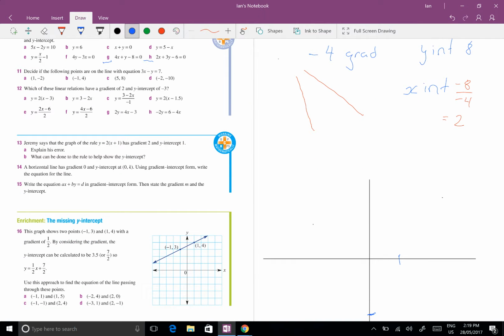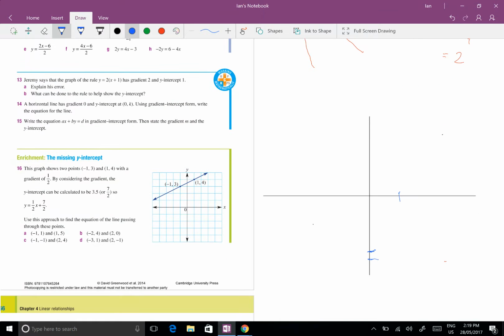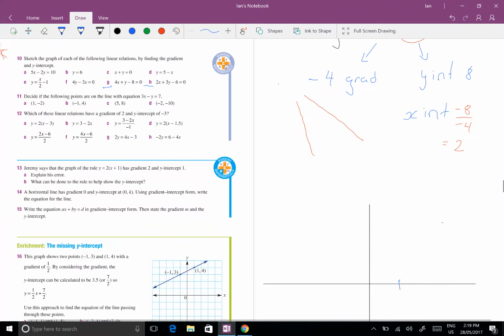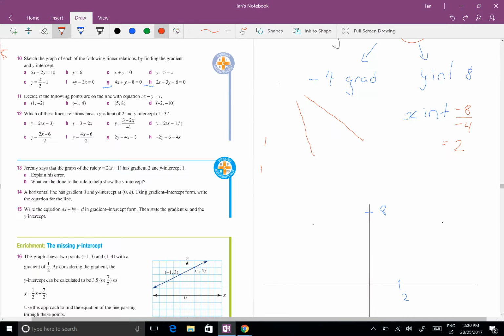So we'll go down here, and we use a similar scale. We'll go up here. The y-intercept is 8, and the x-intercept is 2, so we'll go there. And we'll grab a line. I knew that would happen. Let's try that again.